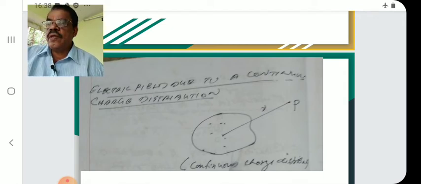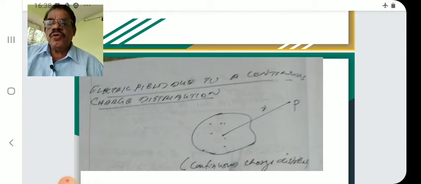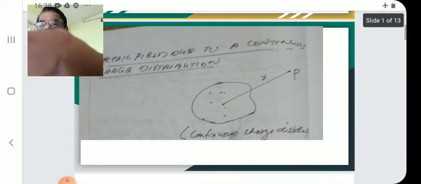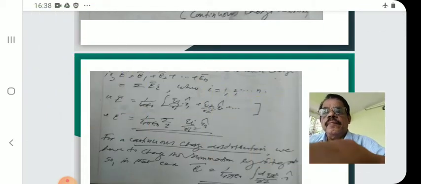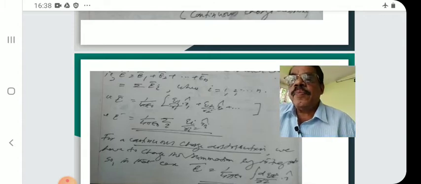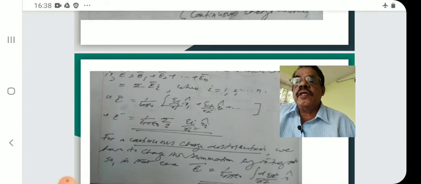The first charge Q1 is at a distance R1 from P. The second charge Q2 is at a distance R2 from P. The third charge is at a distance R3 from P. And so on. So we can calculate the electric field at the point P. The field at the point P is given by E is equal to E1 plus E2 plus E3 plus etc. En.